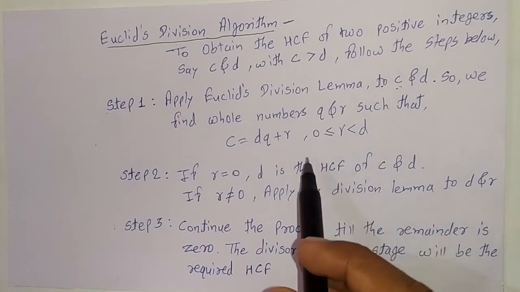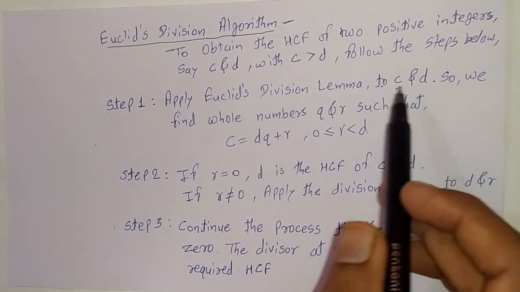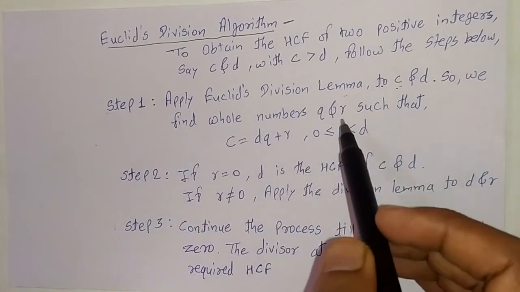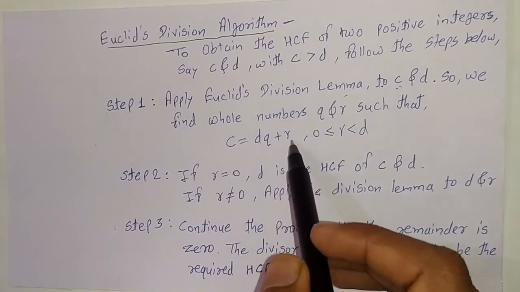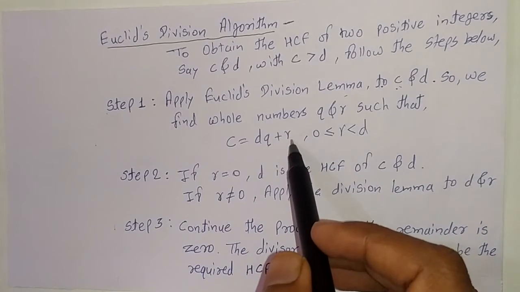This will be the first step: if you are given two numbers C and D, you apply Euclid's division lemma such that C equals DQ plus R, where Q and R are the quotient and remainder.